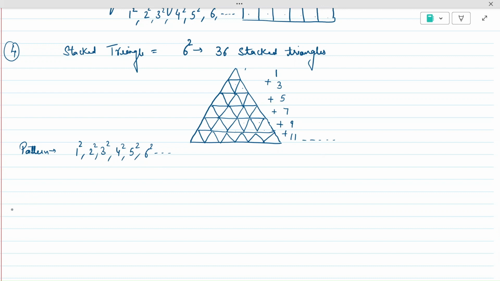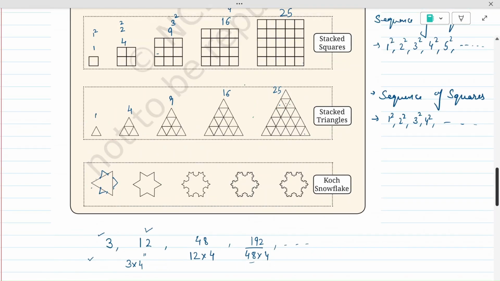Okay, next is the last one, which is the Koch snowflake. Fifth one, I'm writing here, Koch snowflake. So kids, we saw how we have to draw this. I'm going again to this figure. The first one had 3 sides, and then we made small triangles and divided each side into equal parts.